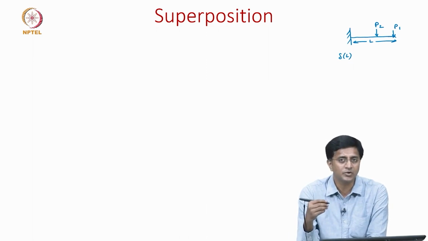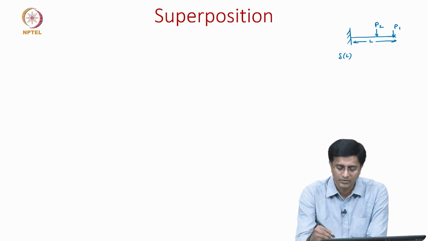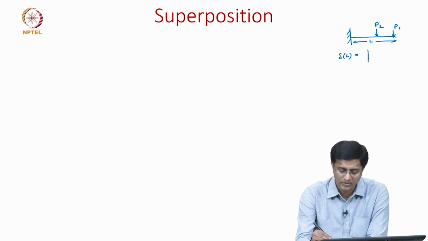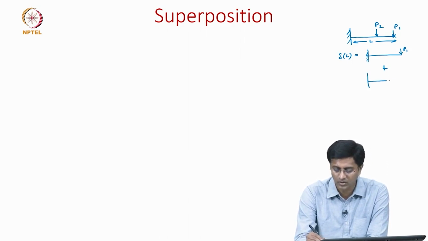Since we were discussing linear elastic materials, we said this can be solved if you know how to solve the deflection of a beam with one single load. The way we said is it will be simply a superposition of two problems: first with a single load at the free end, which is P1, plus the same problem solved with the intermediate load P2.